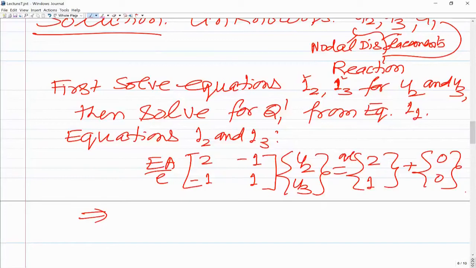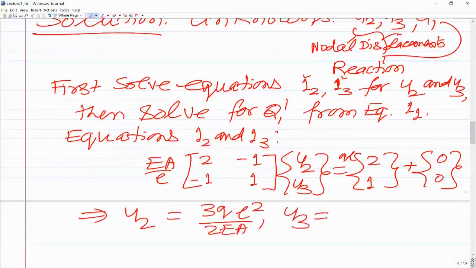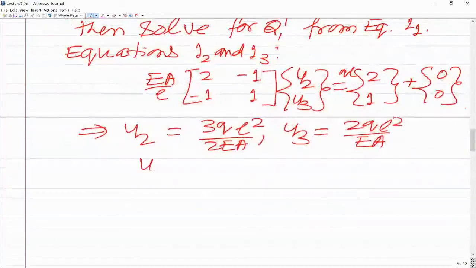So u2 will come out as 3ql square upon 2EA, and u3 will come out as 2ql square upon EA. This is the solution of these equations, and we already know u1 equal to 0 from the boundary condition.